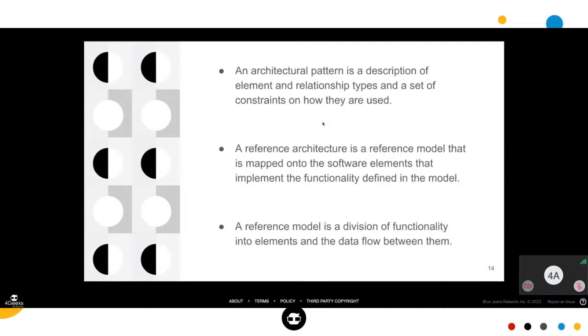Then in the reference architecture, we have patterns and define the family of architectures such as client server, pipe and filter, then different architecture models, right? The mapping does not have to be one-to-one.